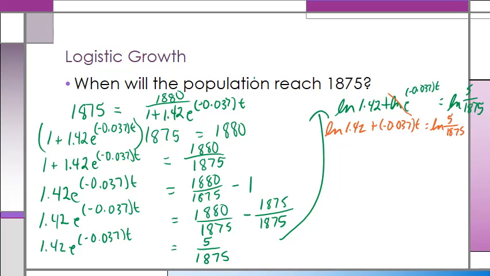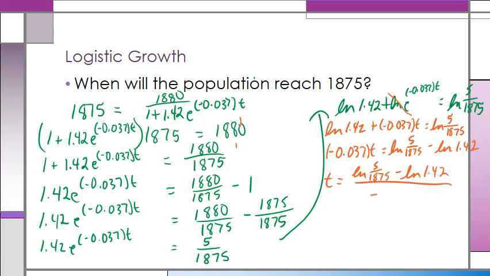Now let's subtract the ln 1.42 from both sides, which then would leave me with negative 0.037t equals ln 5 over 1875 minus ln 1.42. Then I can divide both sides by negative 0.037 to isolate the t, and then I've got t equals ln 5 over 1875 minus ln 1.42 divided by negative 0.037.